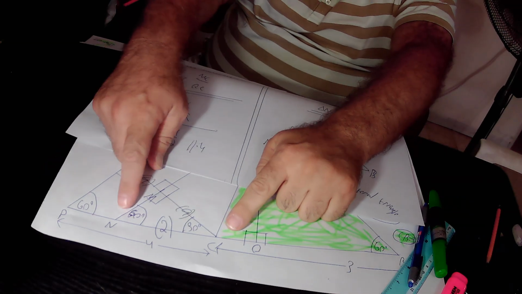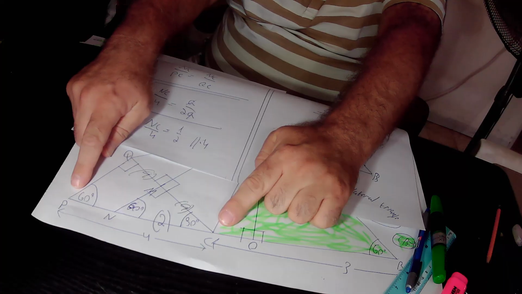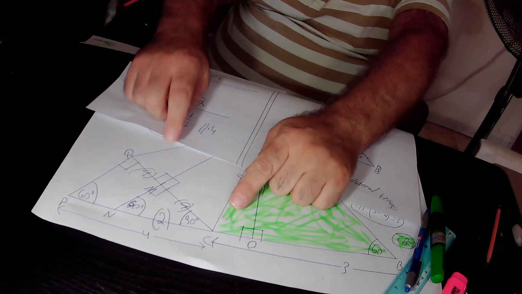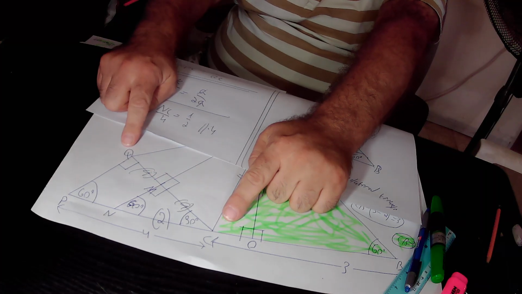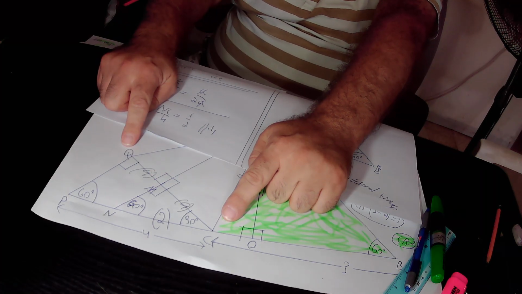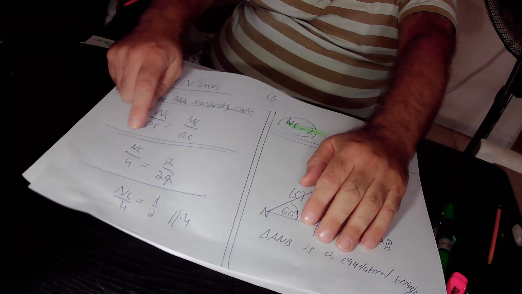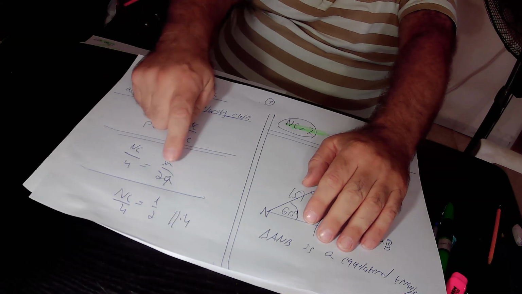NC is the missing side, so we leave it as it is, over PC. PC equals 4 units in length, and it is equal to MC. MC is A over QC. QC is A plus A, that is 2A. So in total, NC over 4 equals A over 2A.